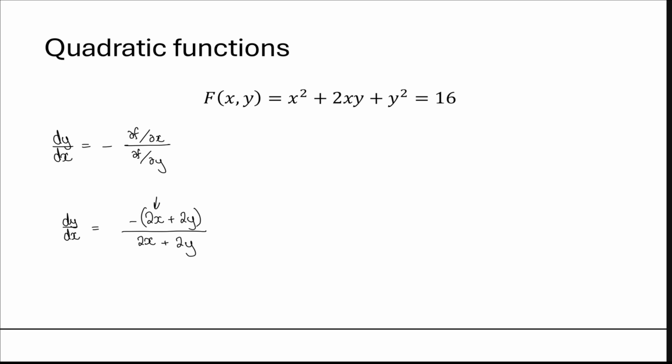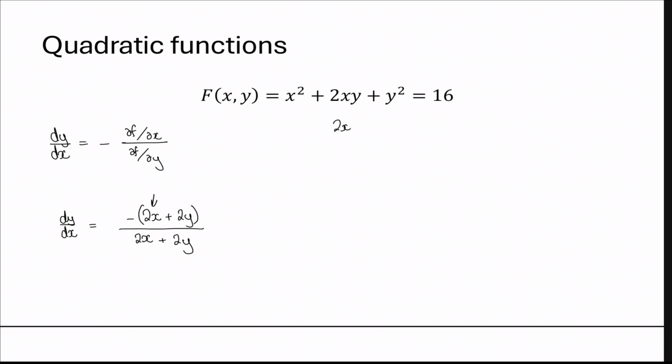And if we differentiate this function partially with respect to y, x squared is just a constant, so it turns into 0. Over here, we're left behind with 2x, and then when we differentiate this with respect to y, we just get 2y. Cool. So we can see that these two are the same, so we just get minus 1.